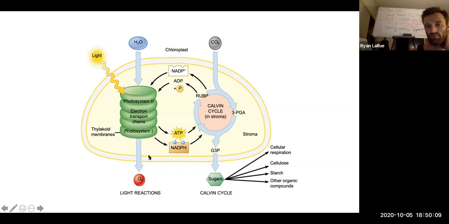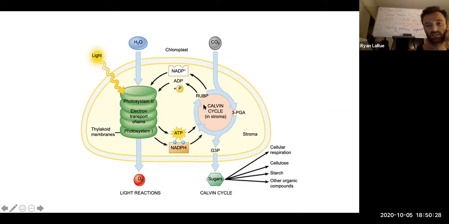But so are ATP and NADPH. These two molecules from the light reactions feed into the Calvin cycle. They're used in the Calvin cycle, along with carbon dioxide fixed from the atmosphere.